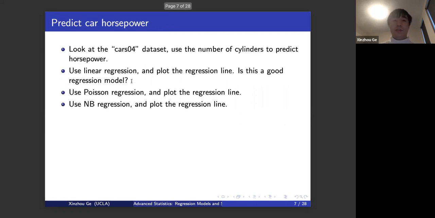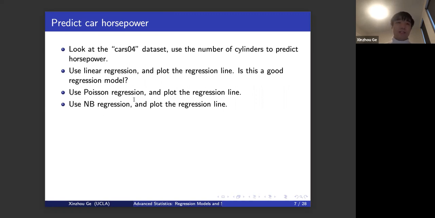And we can go to the cars04 dataset to see how we can use this model. So we will first look at the cars04 dataset, and we want to use the number of cylinders to predict the horsepower.